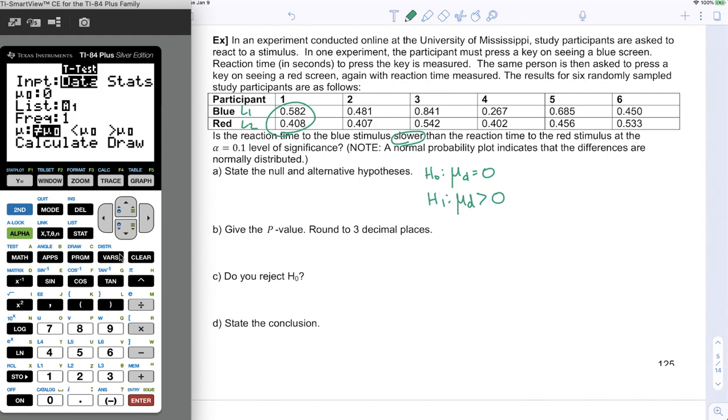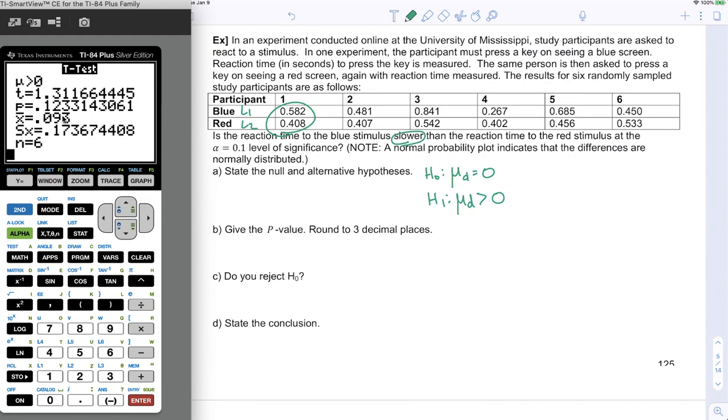The list we used was actually L3. We always want to use the list where we have the differences. And then we'll choose our alternative, which is a greater than hypothesis. And then when we go to calculate, it will give us our p-value. Okay, so our p-value is 0.123, so let's write that down.